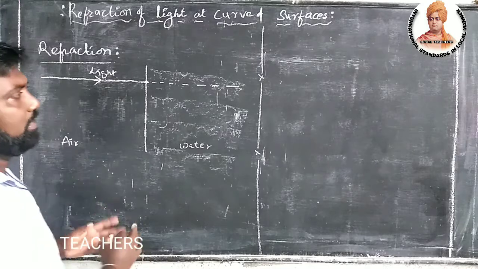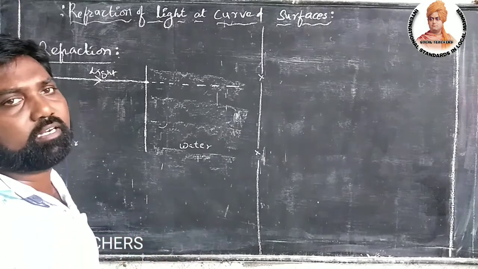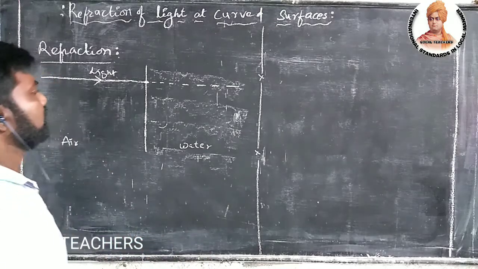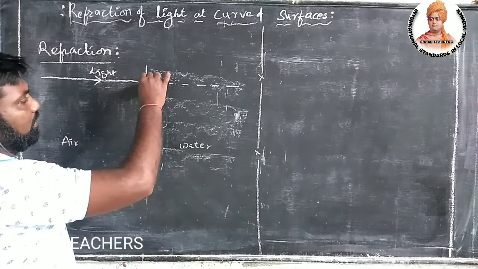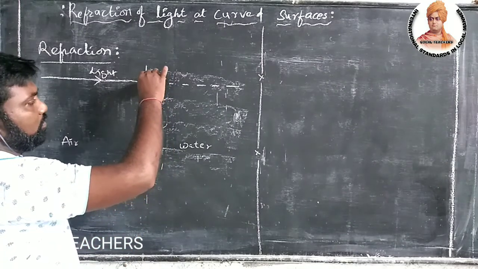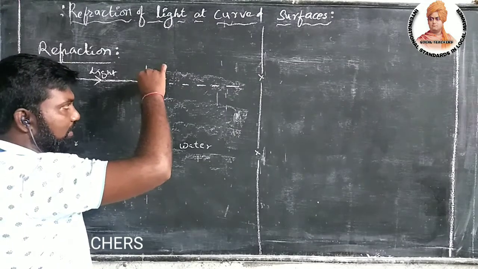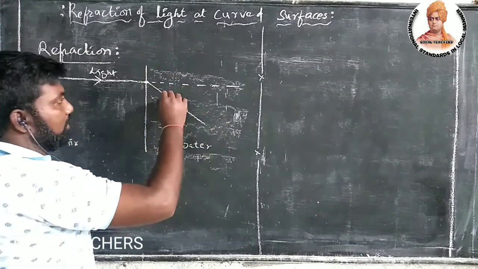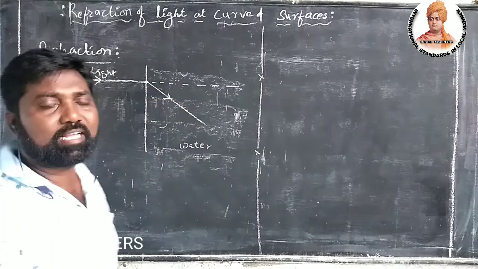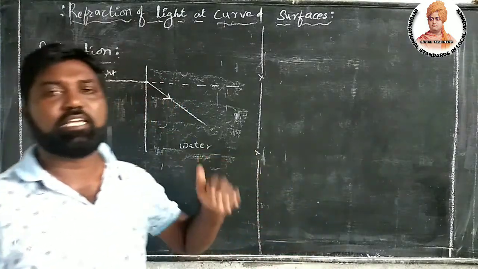But here the mediums are different. So what happens here, when it enters from one medium to another medium, the light ray is refracted. That means the light ray direction has been changed.